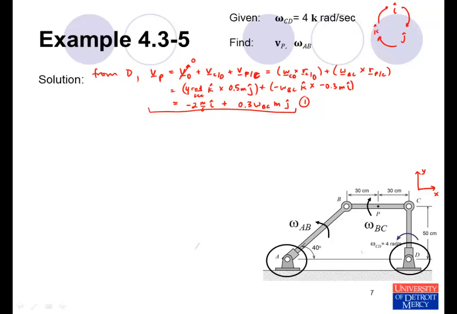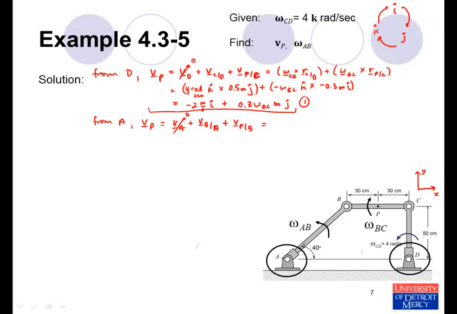Now we're going to do the same process starting at point A. Again, find the velocity of point P. We'll start at A. We can find the velocity of point P relative to A, and then we can find the velocity of P relative to B. Since A is fixed, its velocity is 0.